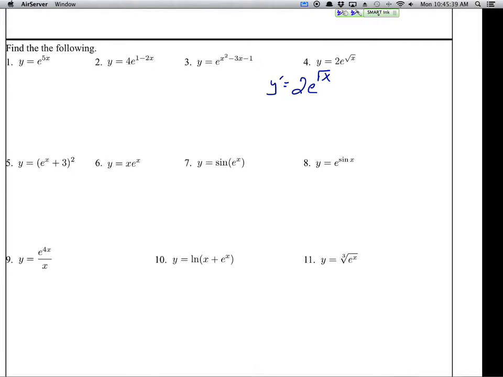Just x to the 1 half, right? If you rewrote it, that would be the derivative. Anybody remember the shortcut on taking the derivative of a square root? 1 over 2 times the radical, then times the derivative. Right, but there's nothing inside. So in this case, we're going to end up with e to the square root of x over the square root of x.